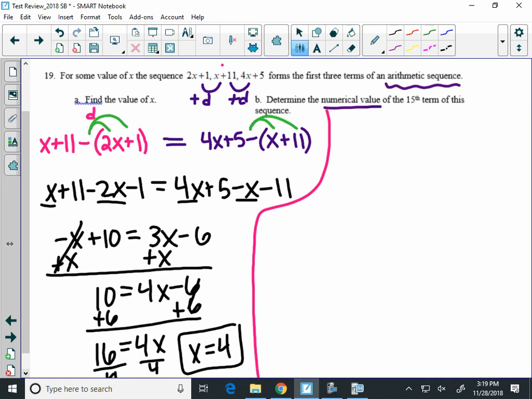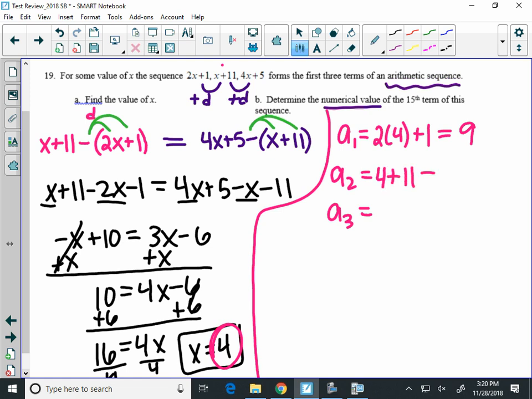15th term? So the way I would do this is first go back and figure out what's the first term, what's the second term, and what's the third term. I know equations for them, but I want to find the actual value. So I'm going to put x equals 4 in for x in all of those. So the first term is 2 times 4 plus 1, which is 9. The second term is 4 plus 11, which is 15.